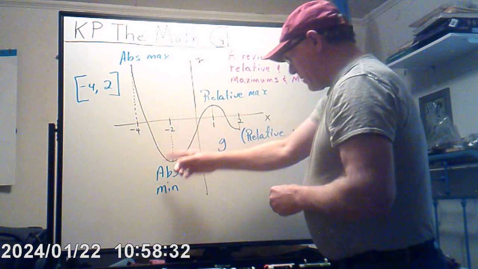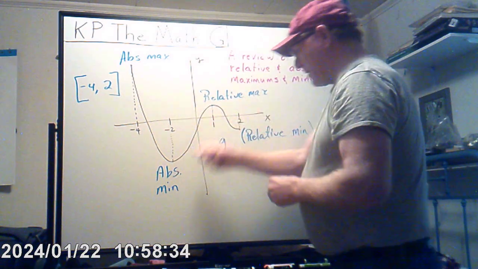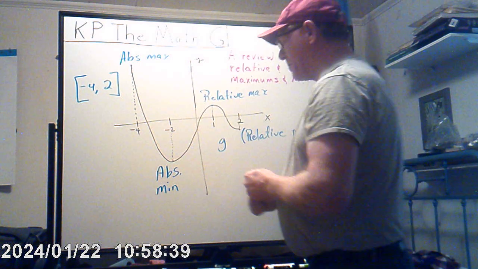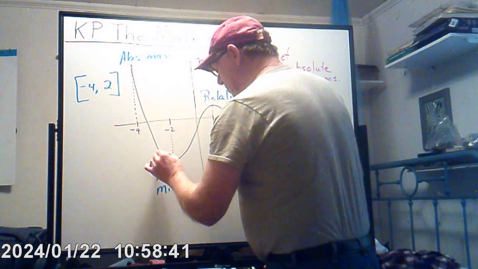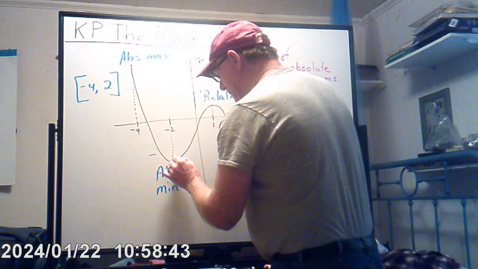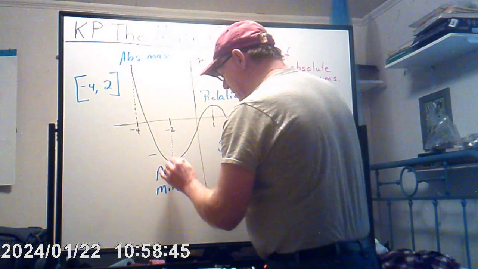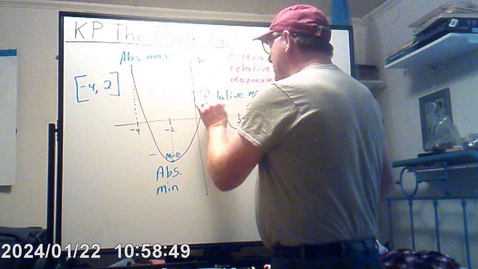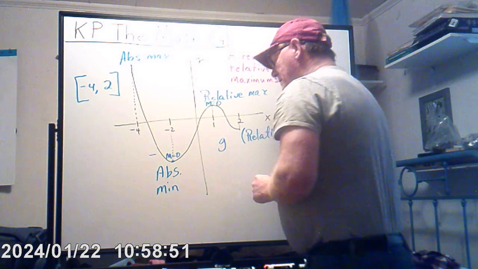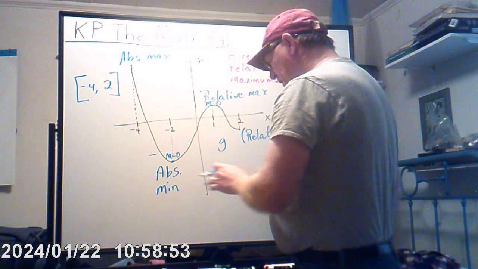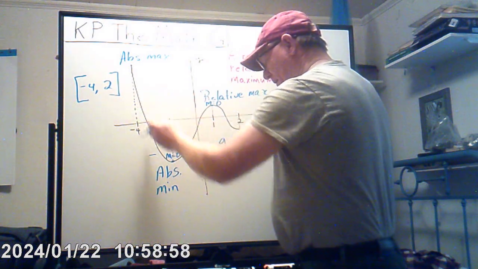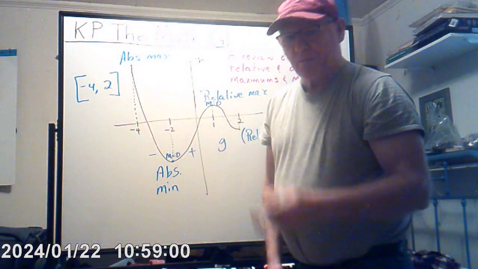Also notice that whether it's relative or absolute, if it's a minimum, the graph will be decreasing before it. At this point right here, the slope m is 0. M is equal to 0 here. M is equal to 0 here. But this is a minimum because the signs change from negative to positive.